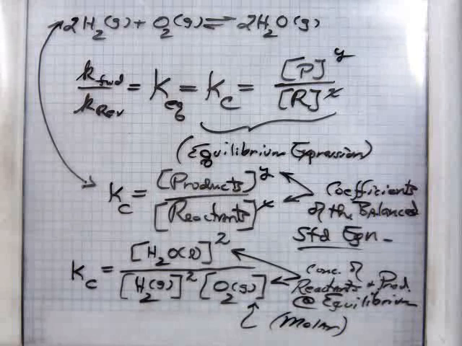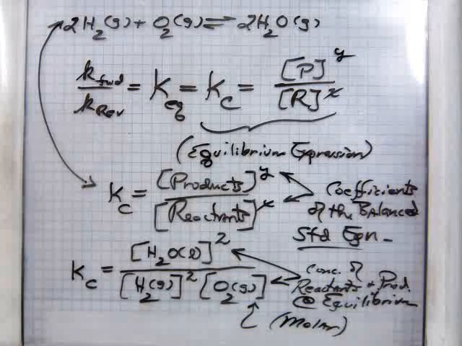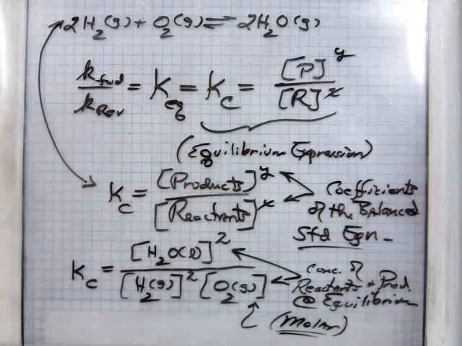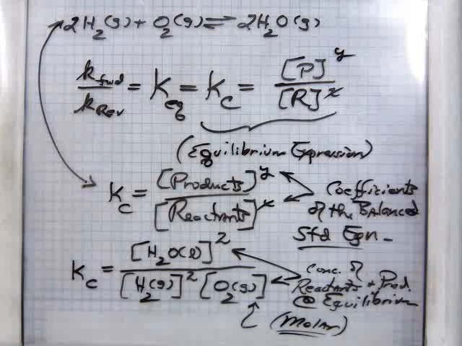Now, problems will come to you with moles also. And you cannot calculate a K value from moles. You have to convert it to moles per liter by dividing by whatever the reaction chamber volume is. And we'll get to that. But I just want to emphasize that the values in there will be molar numbers, 0.023 molar solution, whatever.